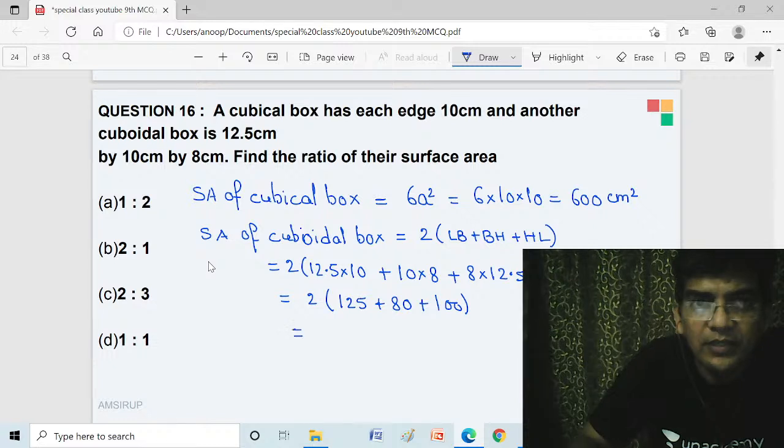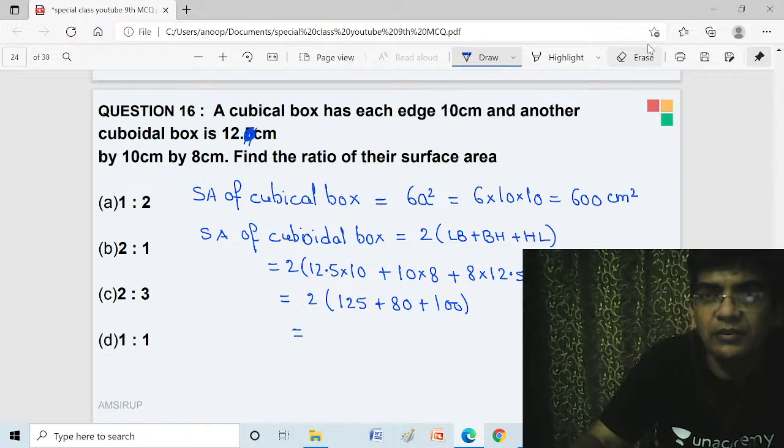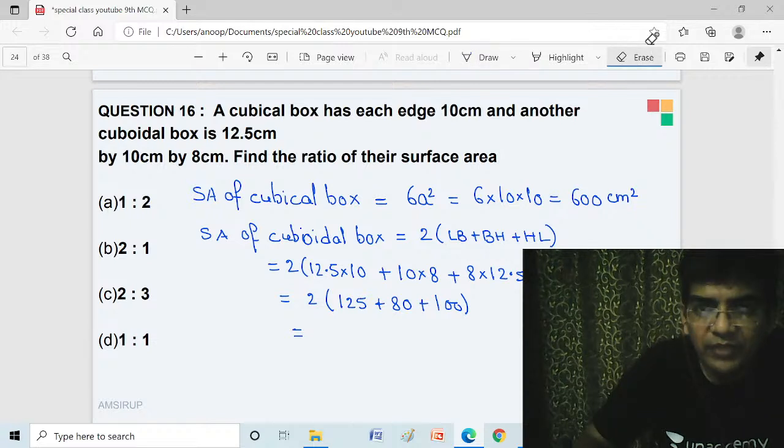Just wait a minute, I want to make a change here. No, it's 12.5. So it is 12.5 into 10, that is 125.